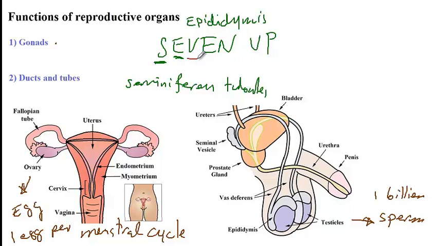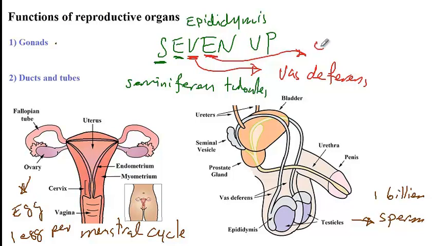Then we have V standing for vas deferens, E stands for ejaculatory duct. N is nothing, so you don't need to place anything for here. We just put it here for ease of the memory aid. Then we have up, so U stands for urethra and P stands for penis.